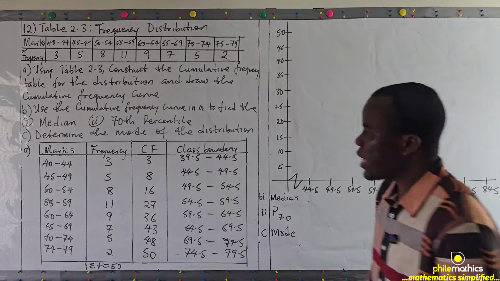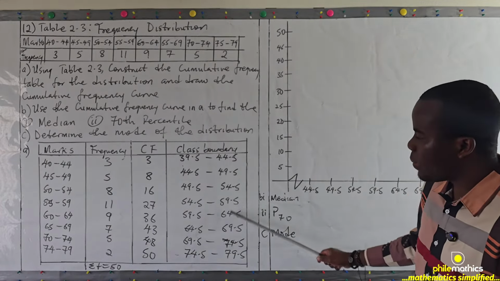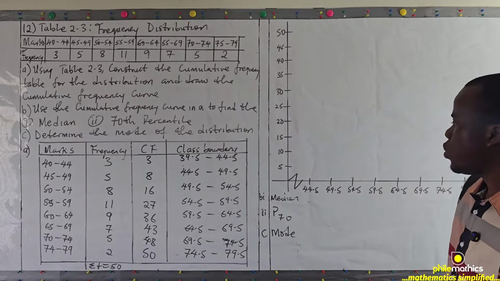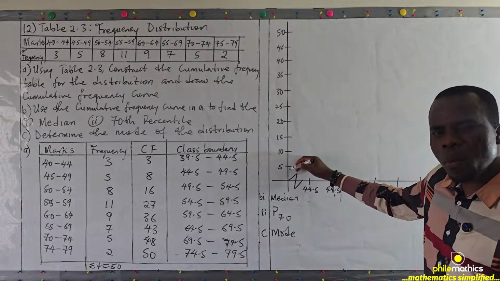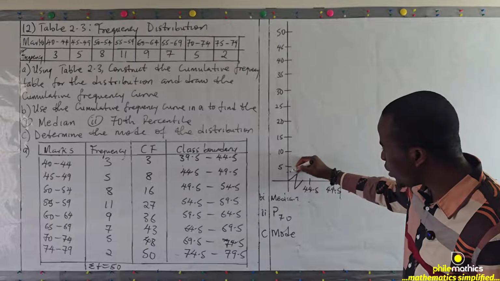Now we can start plotting. So we are plotting the upper class boundary with the cumulative frequency. So at 44.5, we have 3. For 1 cm, 1 unit, each box is 1. So 3 will be at this point.